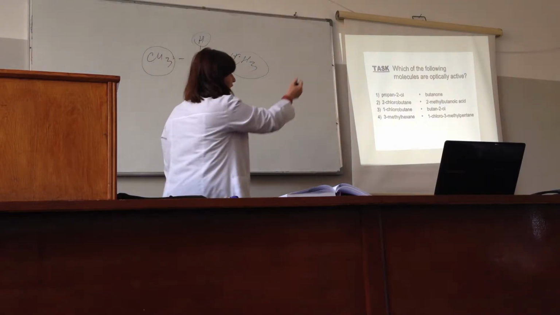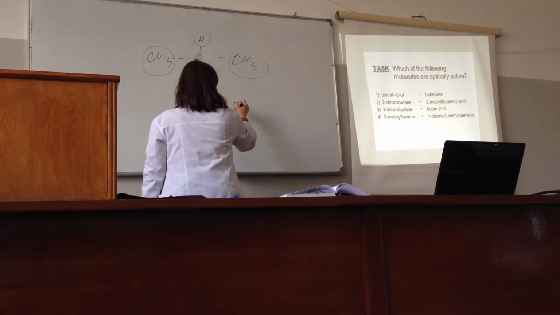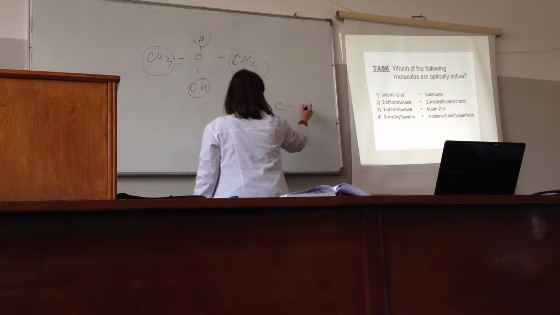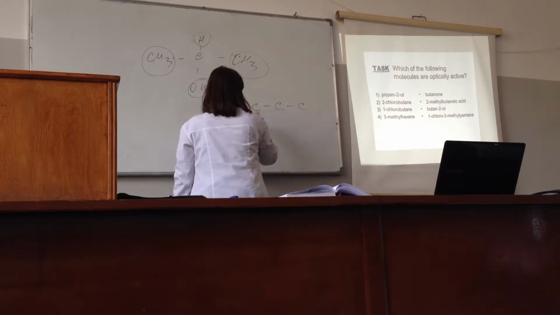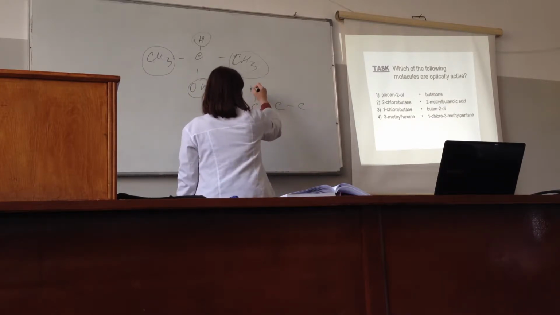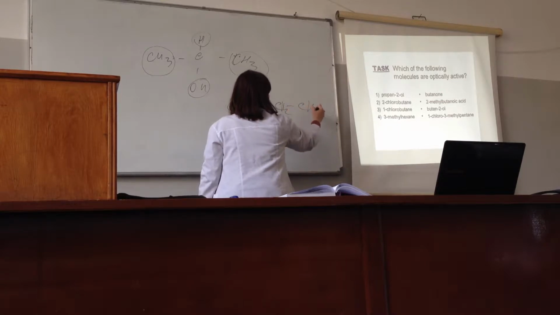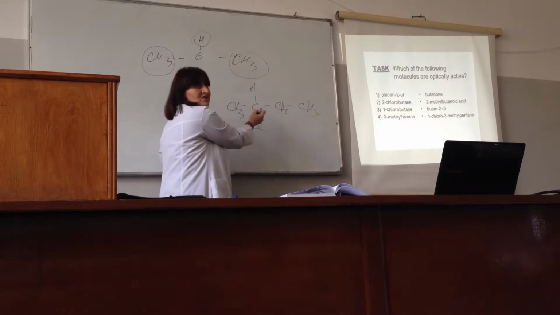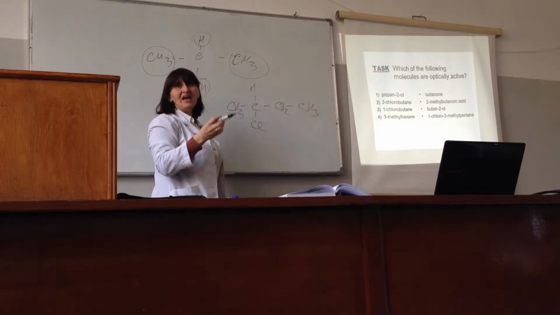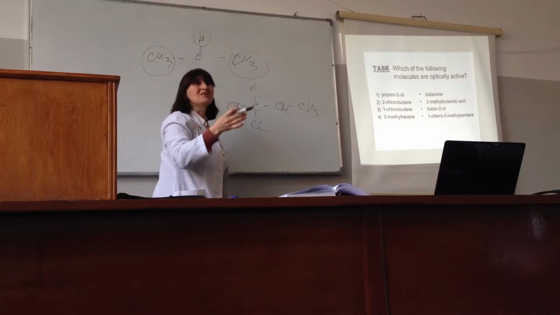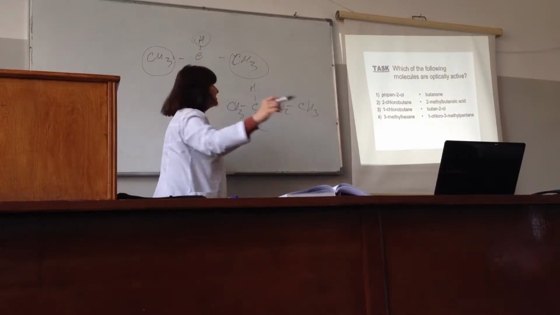Now what about 2-chlorobutane? Butane, you know, contains 4 carbon atoms, with 2-chloro. So here you have Cl, H, CH2, CH3. Let's discuss this carbon, because the other carbons have 2 or 3 H atoms, which means they are not chiral carbons.